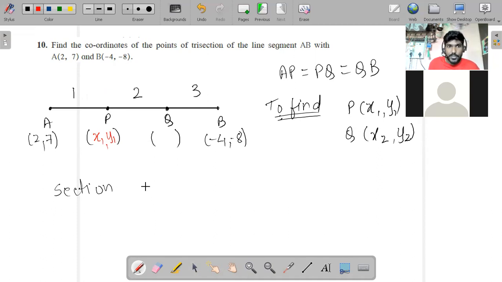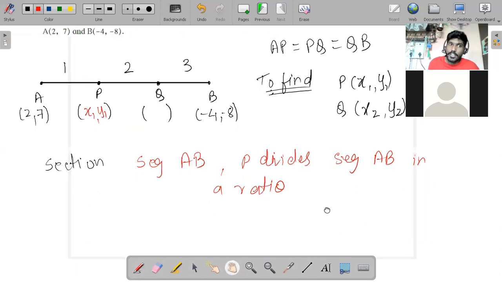Now, look at segment AB. In segment AB, P divides AB in a ratio.